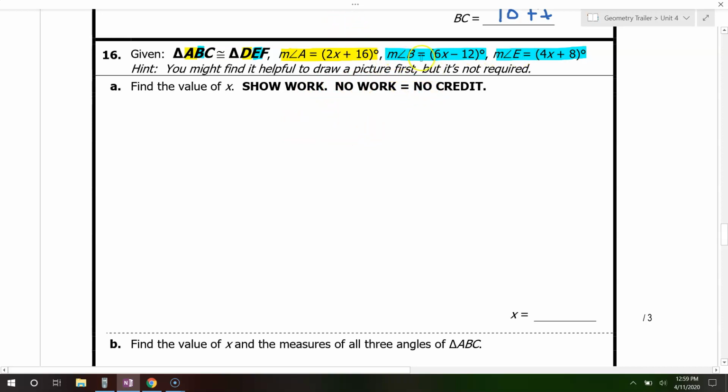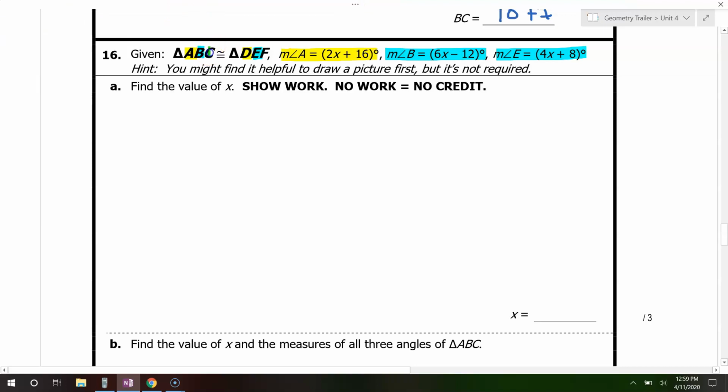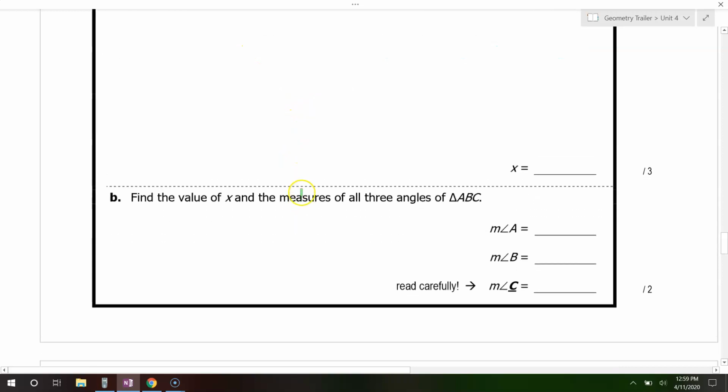It really is standing out to us that these two blue expressions have to be congruent, because B and E are corresponding angles, so they must be congruent. Let me finish off my color scheme by saying that C is going to correspond with F.